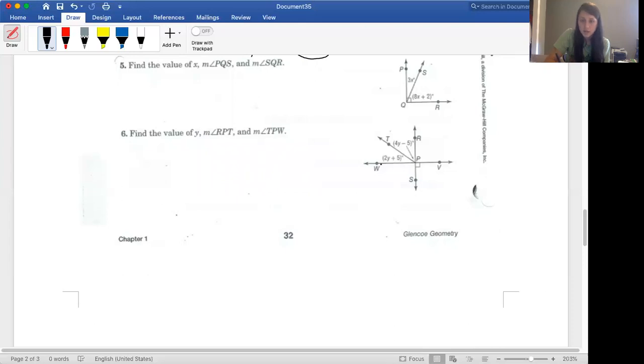So it looks like I've got two intersecting lines and they create a perpendicular angle, a 90-degree angle, and these two are vertical, meaning this across from each other should also be 90 degrees. So I can say 4y minus 5 plus 2y plus 5 equals 90 degrees.